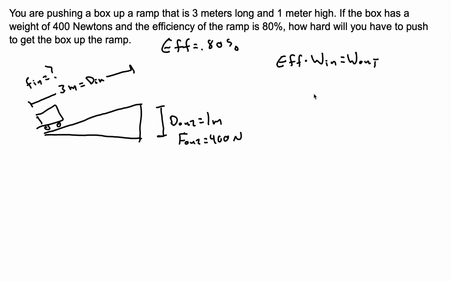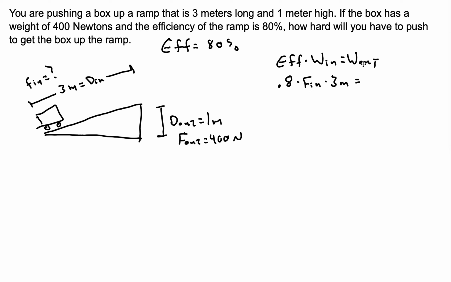Okay, so for efficiency, you guys, I don't write 80%. Convert that to a decimal, and so it'll be 0.8. So to convert any percentage to a decimal, I think you guys know this, you just divide by 100. All right, so that'll be 0.8, and then it'll be 0.8 times the input force. I don't know the input force. Times the input distance. That's going to be 3 meters.